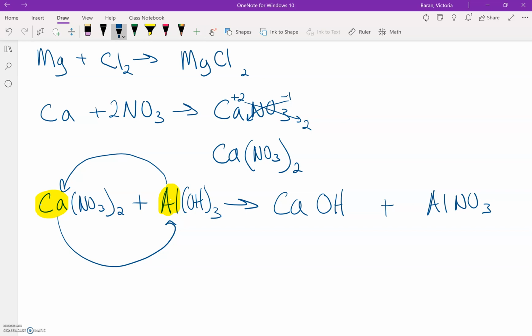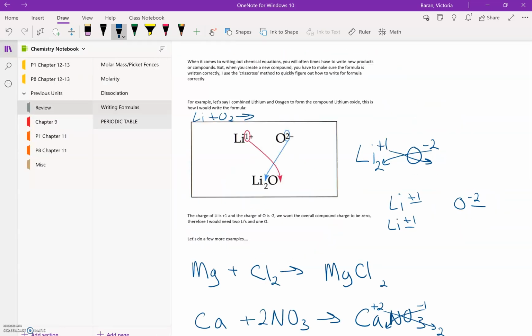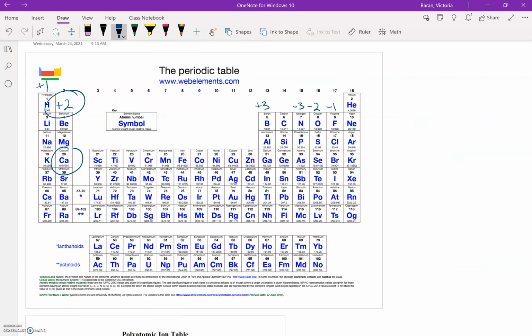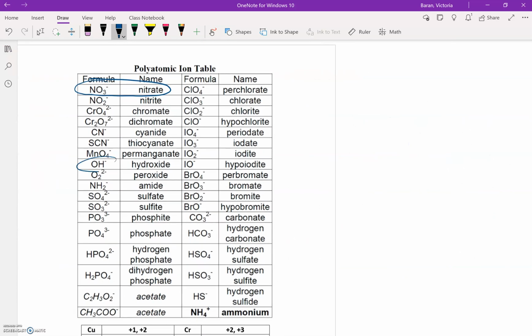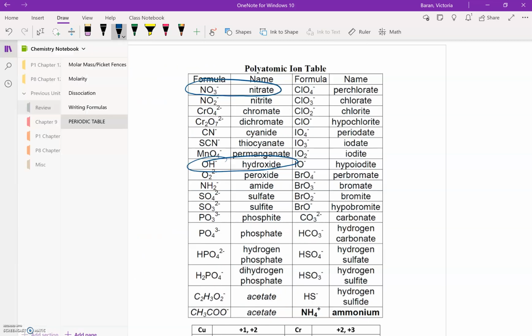Now they're with the other one's element or polyatomic ion that they were originally with. So we're going to write what goes together, and then you're going to do the same thing with the crisscrosses. So calcium is +2, but now we're seeing another polyatomic ion, which is the OH. Something like that you would also find on the back of your periodic table. So OH is hydroxide, and that has a charge of -1.